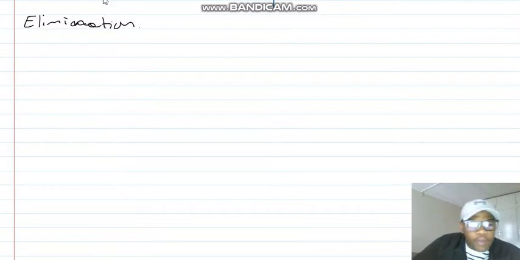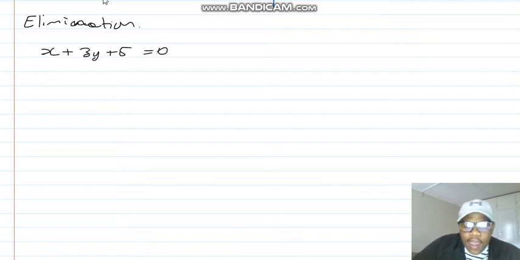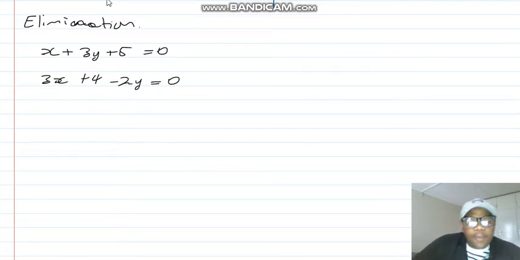So our problem, we had x plus 3y plus 5 is equal to 0, and we also had 3x minus 2y, or maybe let me not write it like that, let me write it a bit differently, plus 4 minus 2y is equal to 0. So basically you have these two equations. This one is the first equation.